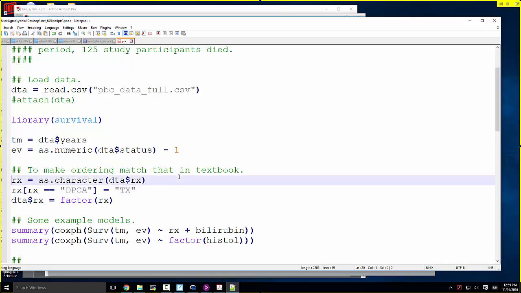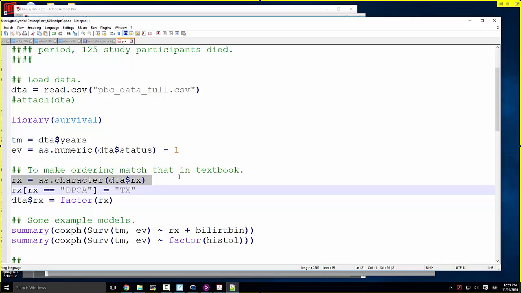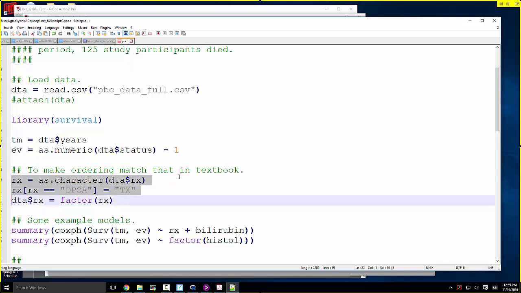After doing attach, then this will work. I could say Rx. I could directly refer to Rx. But if I make these changes to Rx like this, then the original Rx in the data object is not being changed. The original Rx column in the data object is not being touched when I make those highlighted changes.